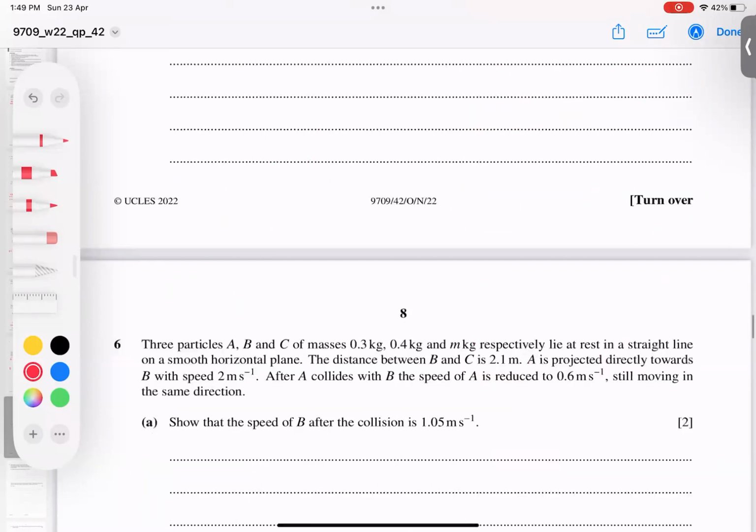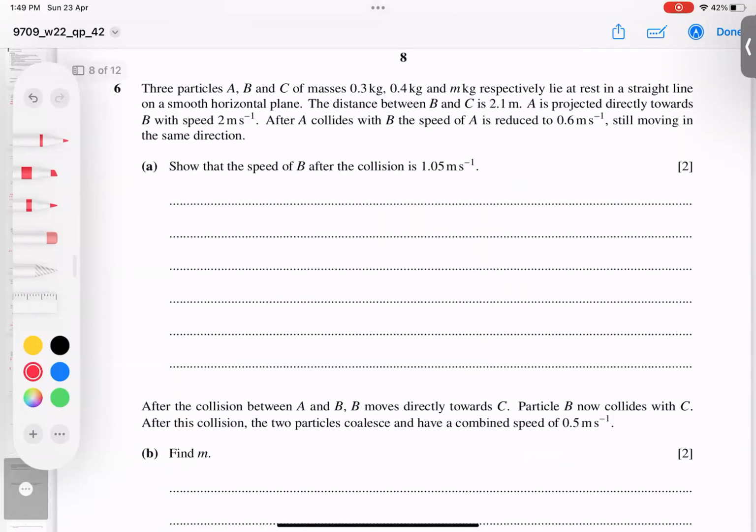Okay, let's go for the next question, number 6. Three particles A, B, C of masses 0.3, 0.4, and m kilograms. So three masses are given on a straight smooth table, a smooth plane, so no friction. The distance between B and C is 2.1.